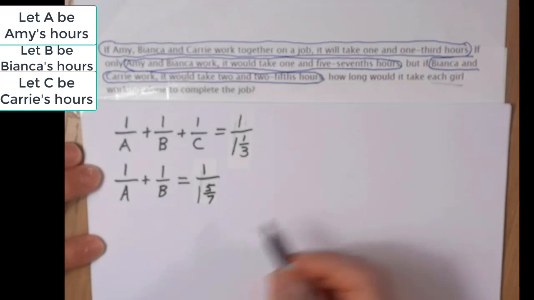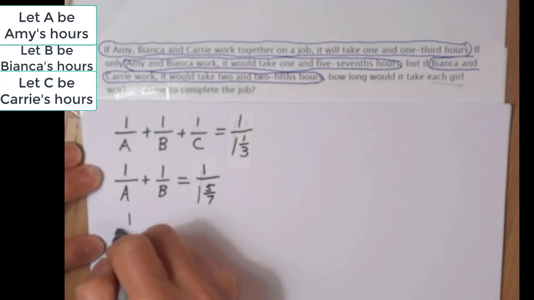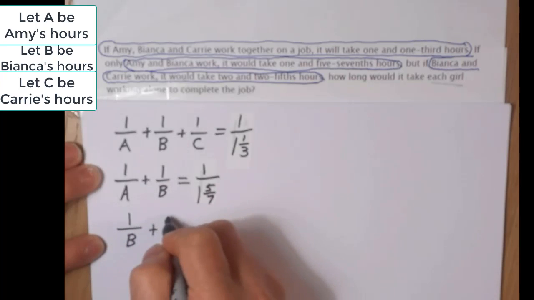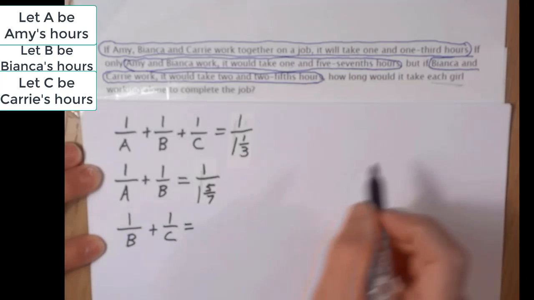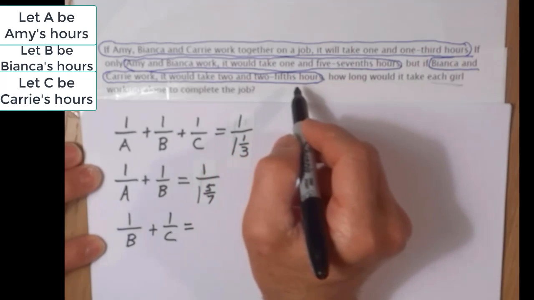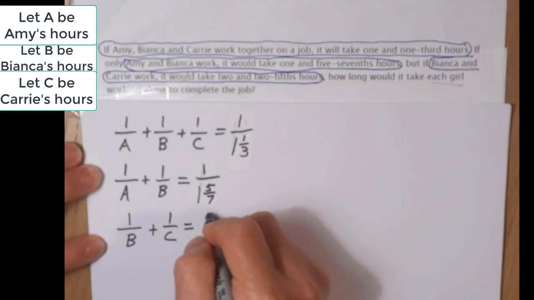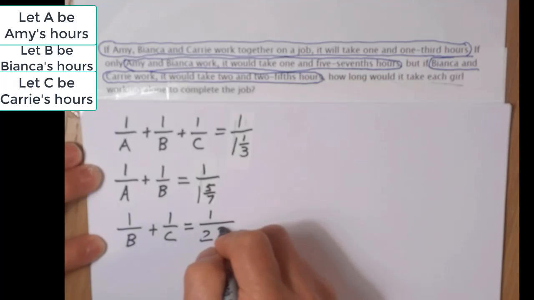Okay, and then Bianca and Carrie work. 1 over Bianca plus 1 over Carrie is equal to 1 over 2 2/5 hours.